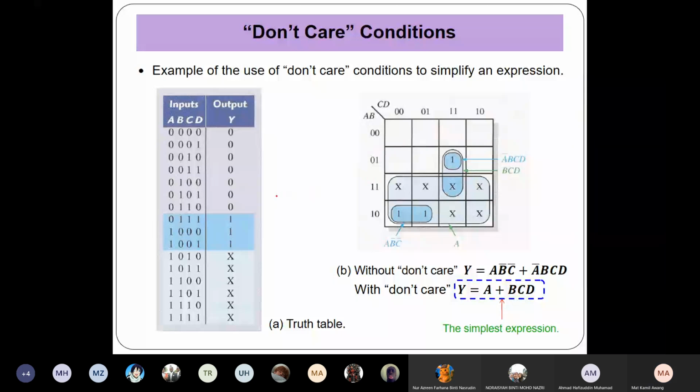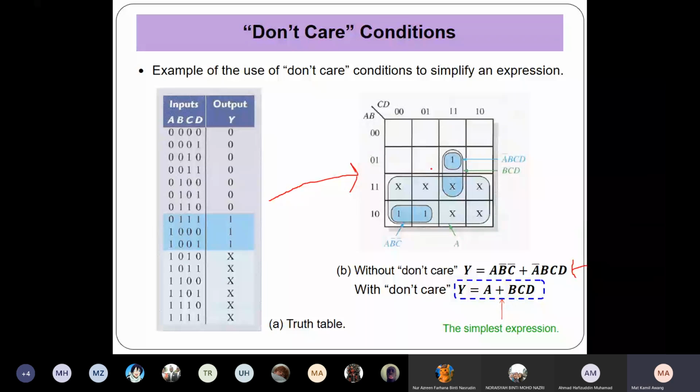So from here, you convert into the K-map, where all the ones you put in and the don't care also you put in the K-map. 0 you don't have to put in. So now, if we simplify without consideration of the don't care, you get this expression.